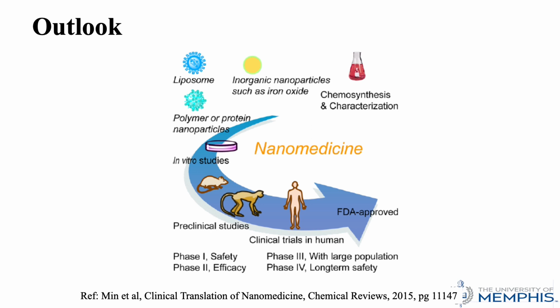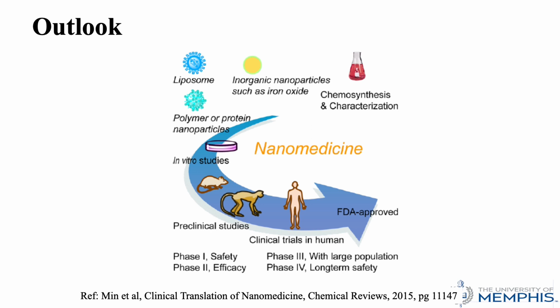This is an overall outlook. What is the future of nanomedicine and how can it be applied in treating disease? You start from nanoparticle synthesis, liposome, inorganic particle, and then you need to characterize these materials. You also have polymer, protein. These naturally fall under the nanometer size.